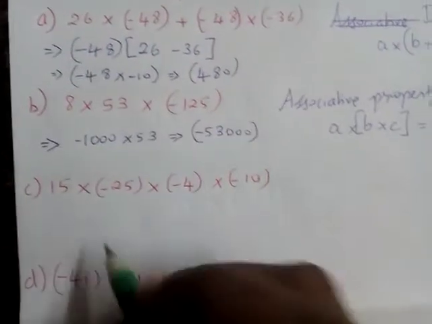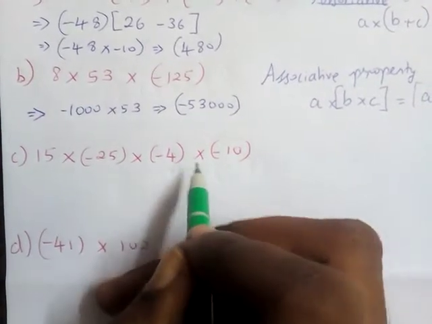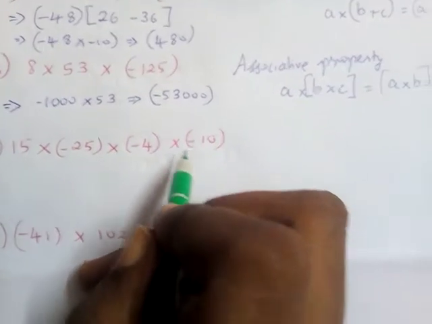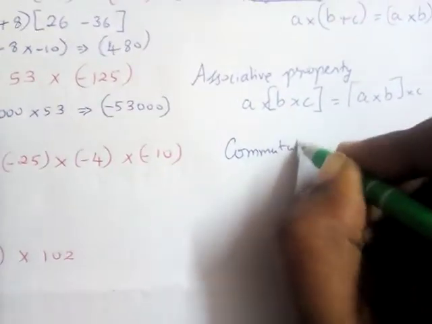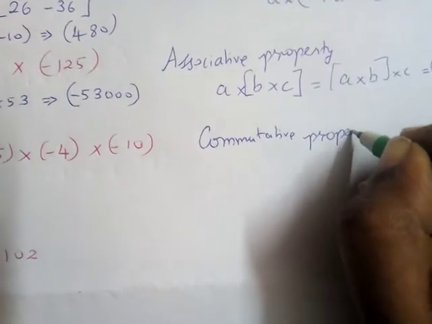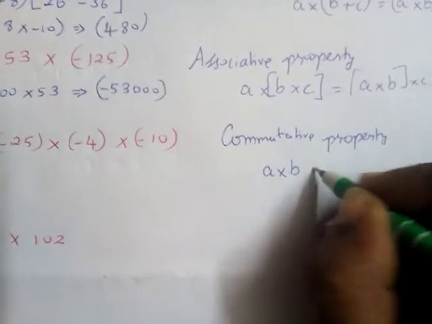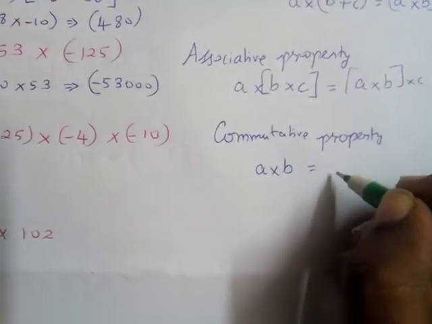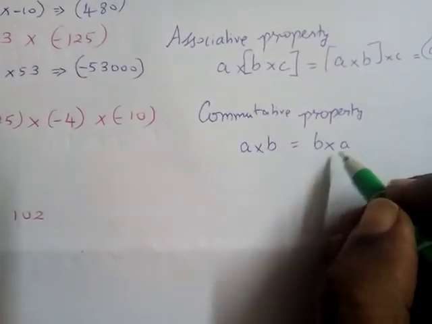That's it. The third subdivision: 15 into minus 25 into minus 4 into minus 10. In here you have to use the commutative property, which states that you can multiply the numbers given to you in any order and the product will remain the same.